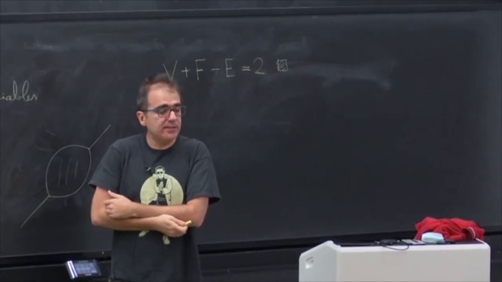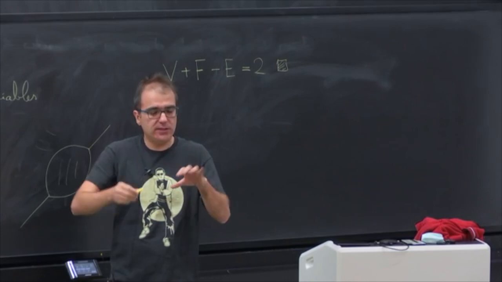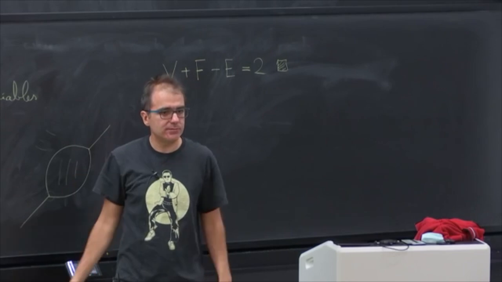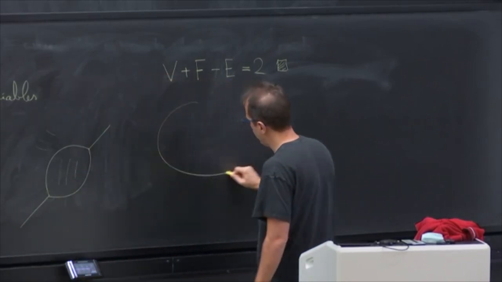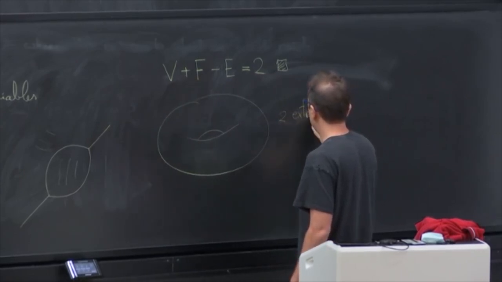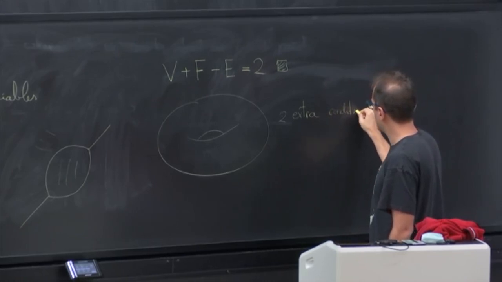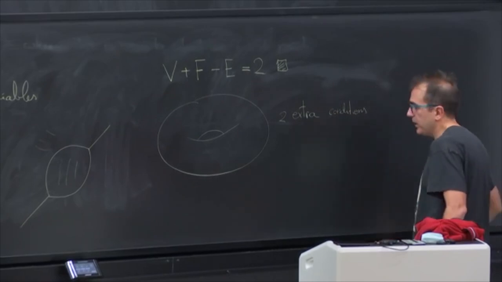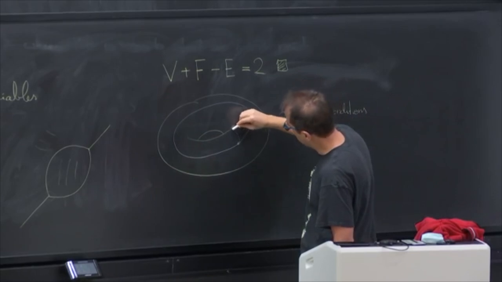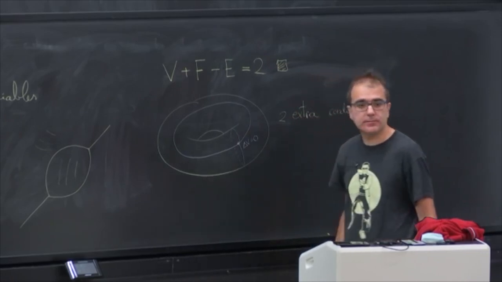Right? And this now also generalizes to genus, because if you now have a genus surface, you have to further impose that you get no difference of potential around the 2 new cycles of the torus. Right? So if we have genus 1, now we have 2 extra conditions, which are the absence of potential difference. If I measure the total difference of potential as I go around here, or around here, the total delta V must be equal to 0.